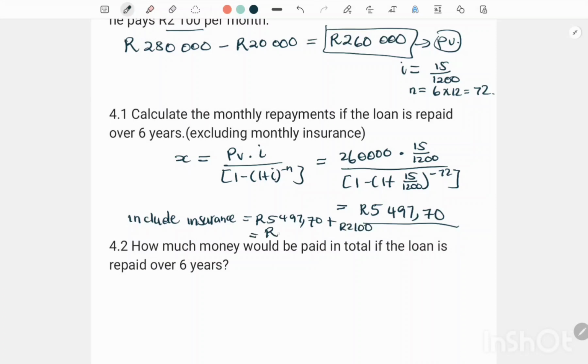Then including insurance, it will be 7,597.70. This is what he is going to pay for the car.